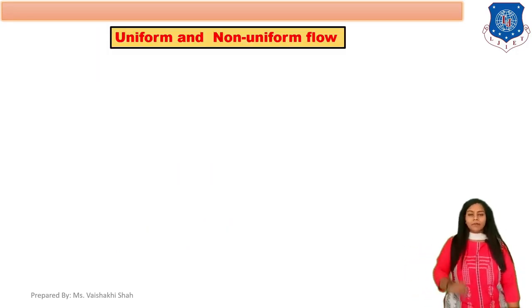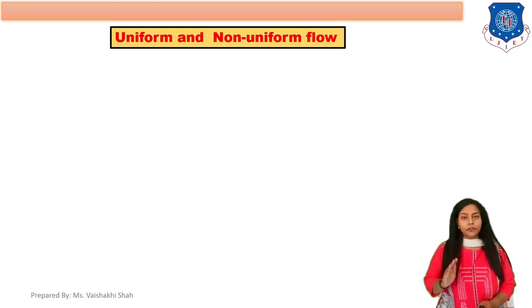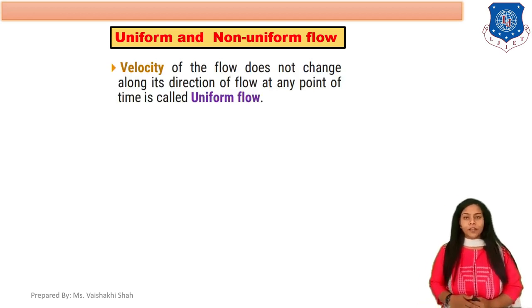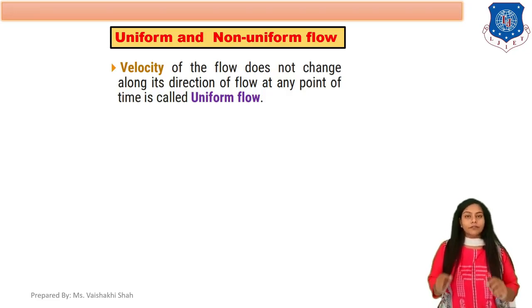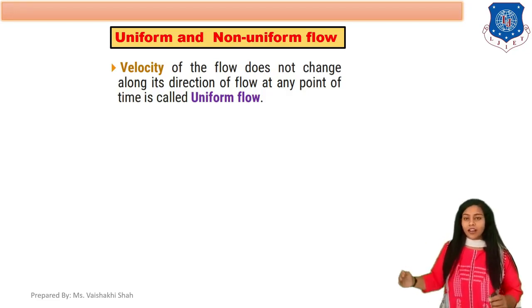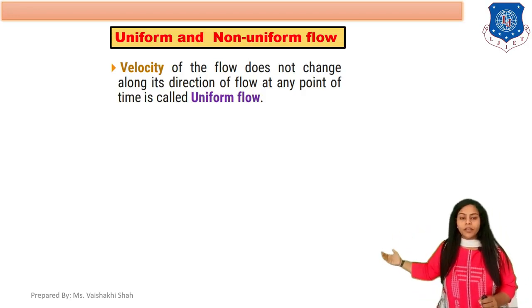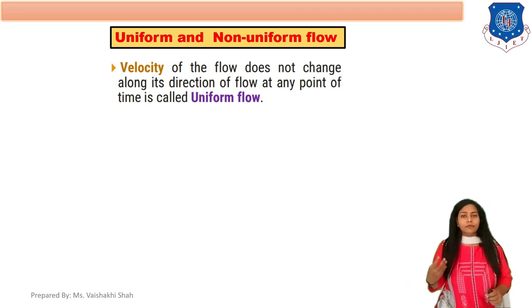The second type of flow is uniform and non-uniform flow. First of all, uniform flow. When the velocity of the flow does not change along the direction of flow at any point at a given time, it is called uniform flow.